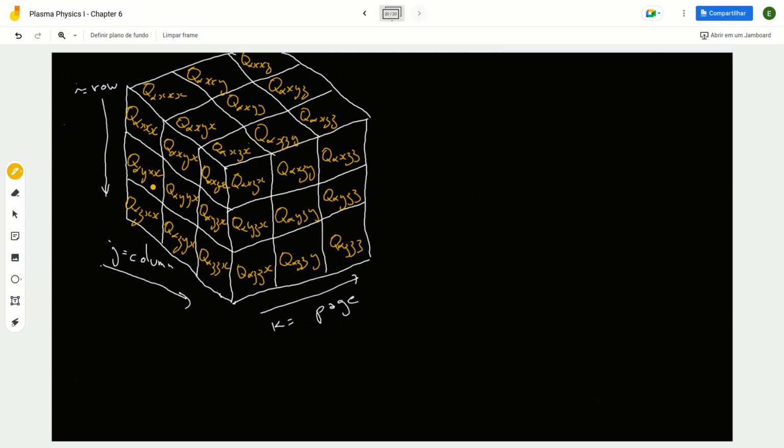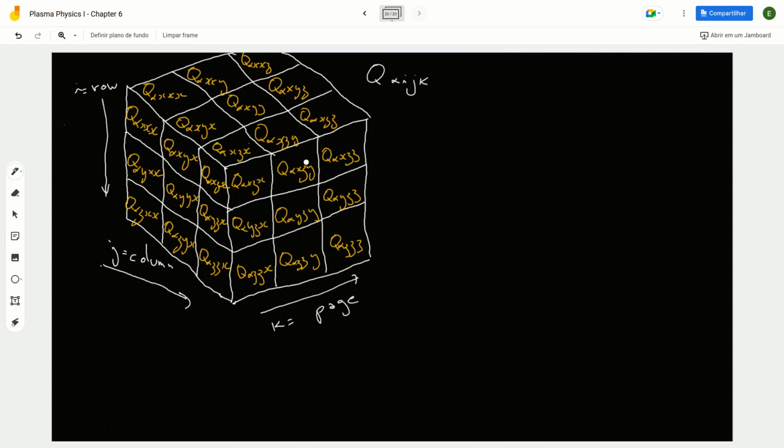You have a set of rows indexed by I. You have a set of columns indexed by J, and then you have a set of, they call pages, indexed by K. So each one of these is a page. You have the first page here, the second page here, and the third page here.